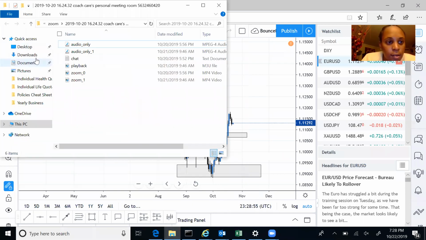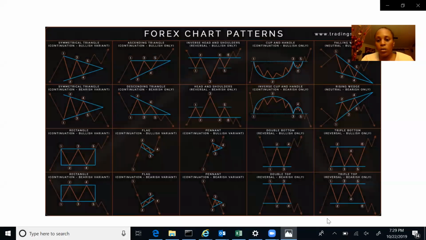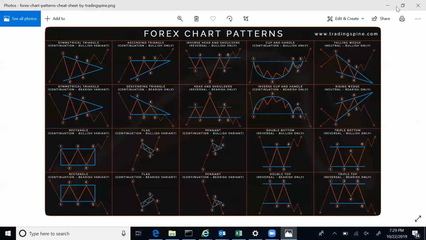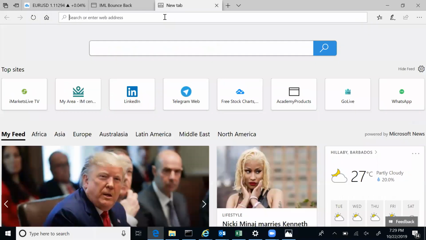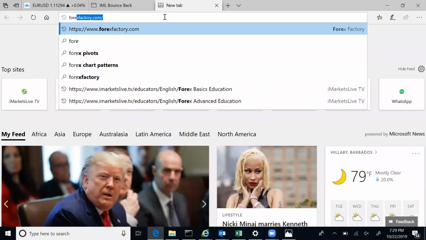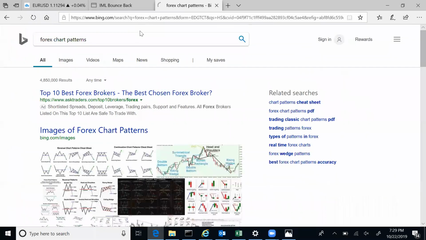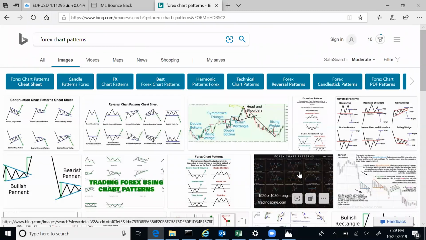So everybody should see this. If you want to take a snapshot of it, or know where to find this pattern, just go to Google and search Forex chart patterns, and go to images, and you see it right here.